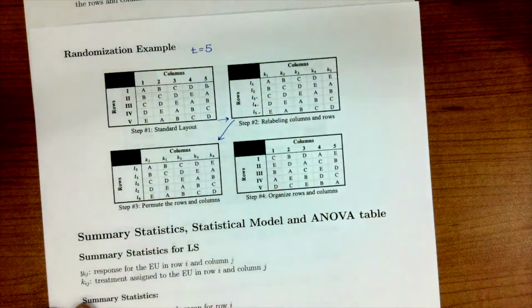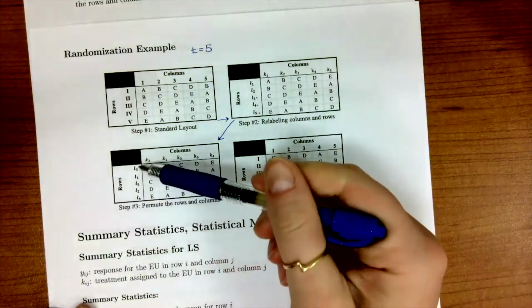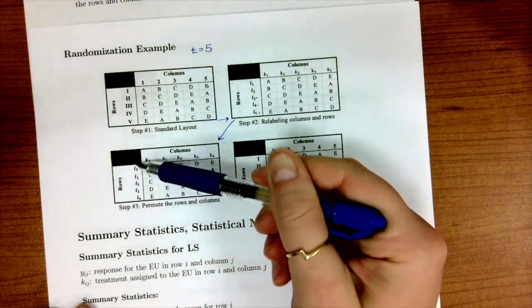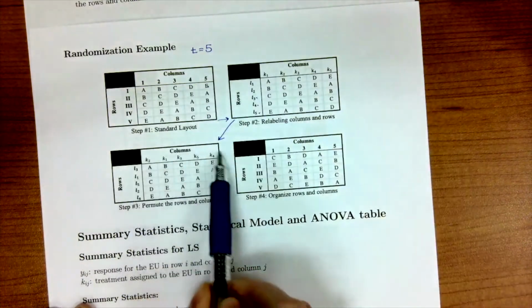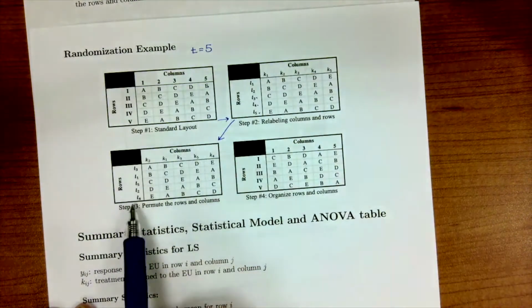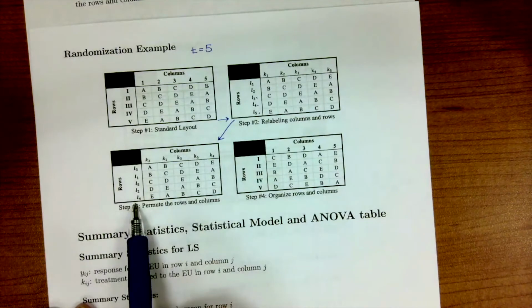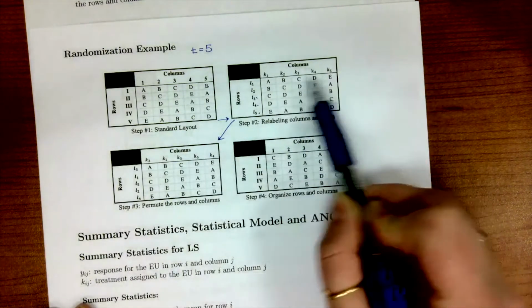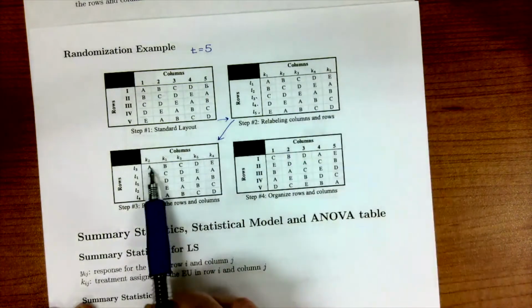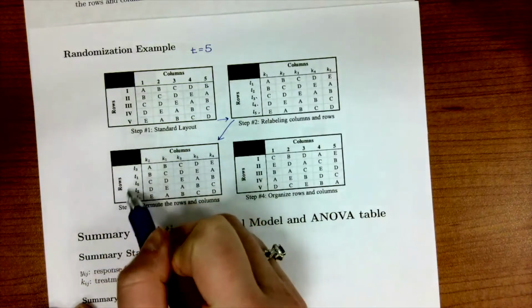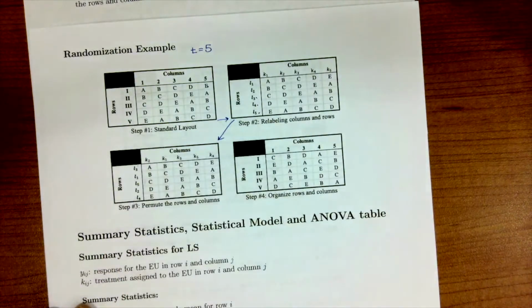In R or JMP, all I did was shuffle these 5 rows and shuffle these 5 columns and put them back. Again, notice from here to here, the inside isn't changing. The A, B, C, D are still the same. We're just changing these row and column labels by shuffling them.